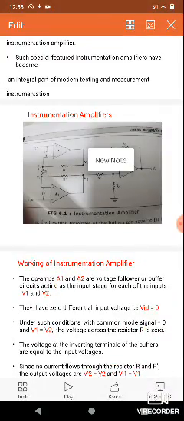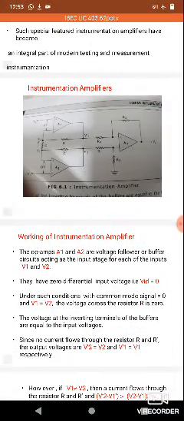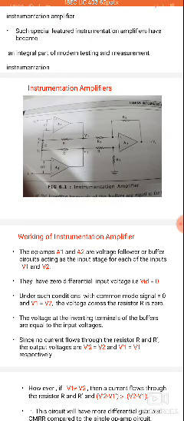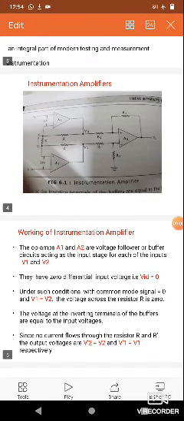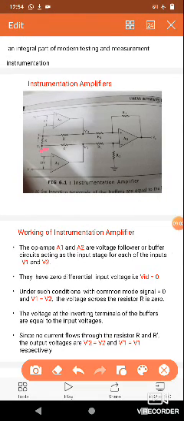This is the R resistor, and this is the R dash resistor.